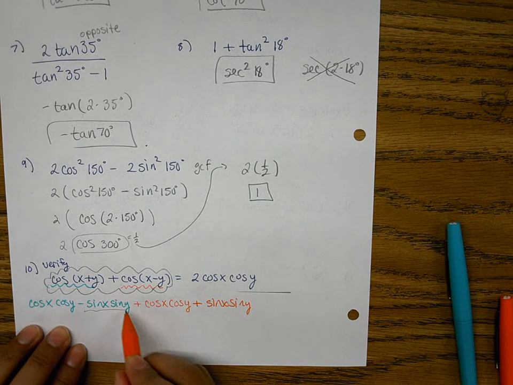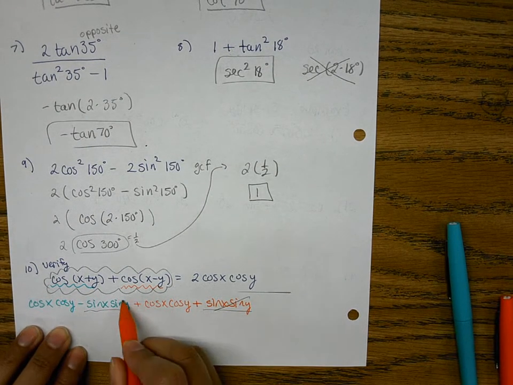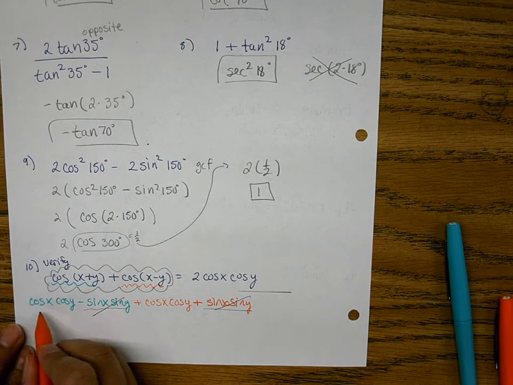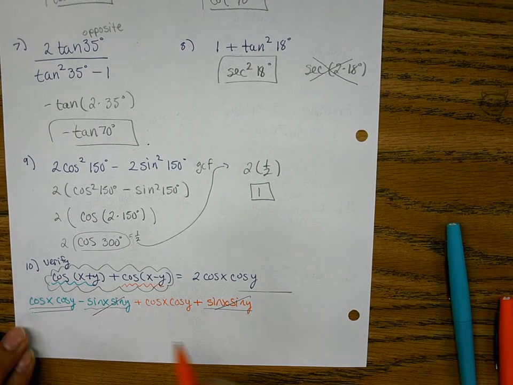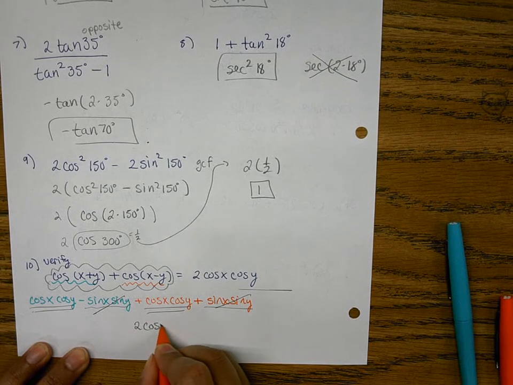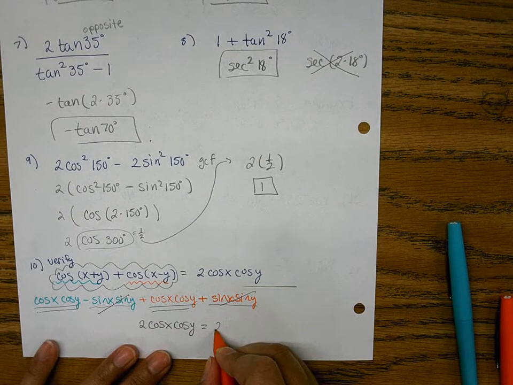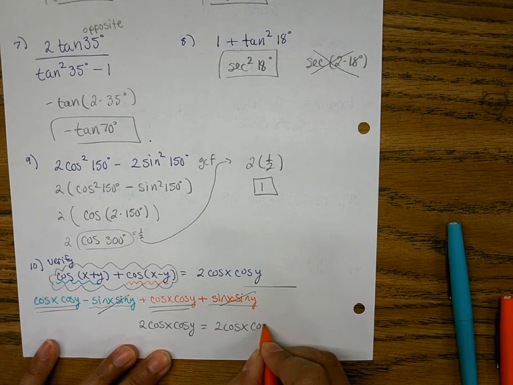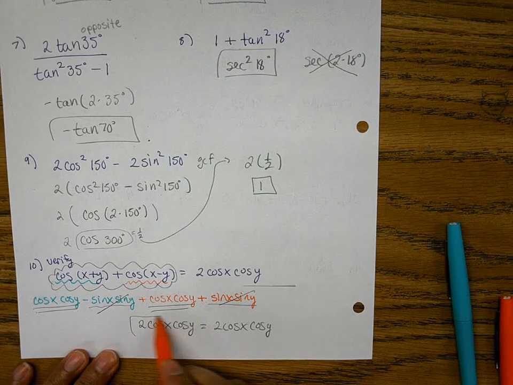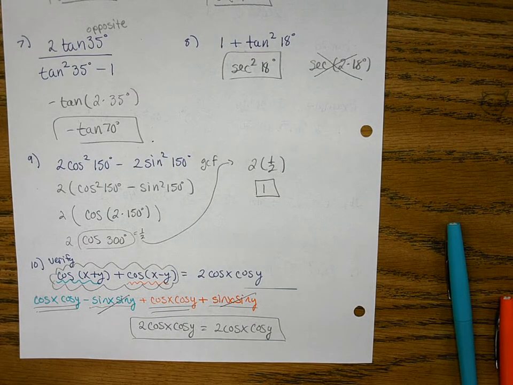Can you see that? Negative sine x sine y and positive sine x sine y cross out. And then I have positive cosine x cosine y and positive cosine x cosine y, which is 2 cosine x cosine y equals 2 cosine x cosine y. And that is it for this lesson.